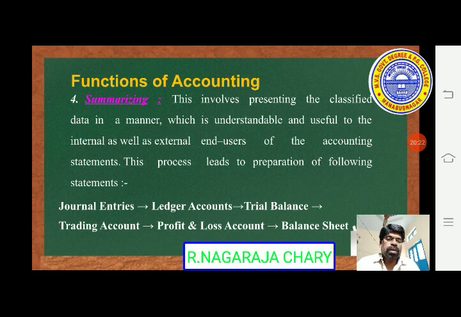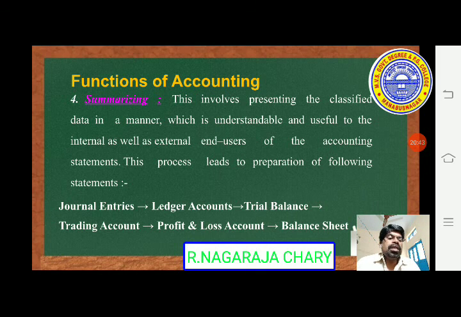Got the point? If any transaction is done, in that transaction two aspects are there. First, the giving aspect. Second, the receiving aspect. These two aspects are to be recorded in the books of accounts. That is the system of double entry system.